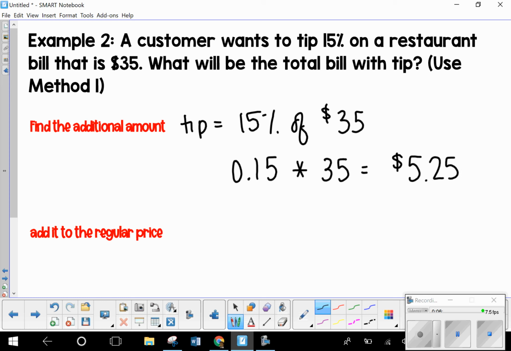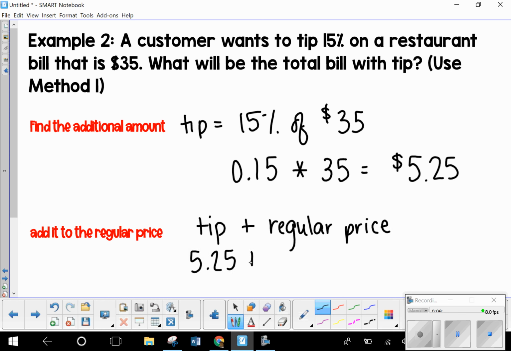Now to add it to the regular price, we're going to take our tip and add it to the regular price. So that is the $5.25 plus our $35, and altogether we are going to have to pay $40.25 for our meal.